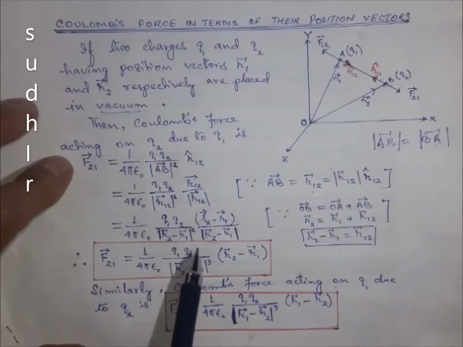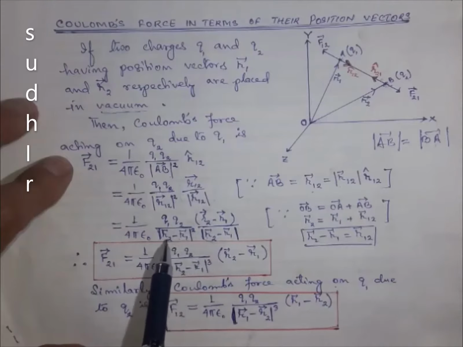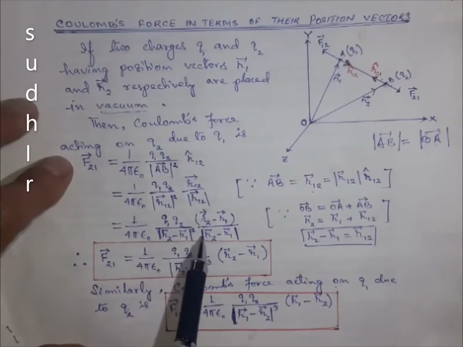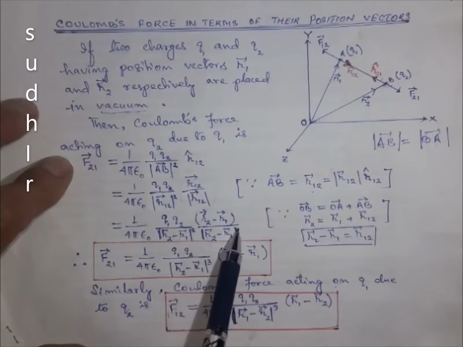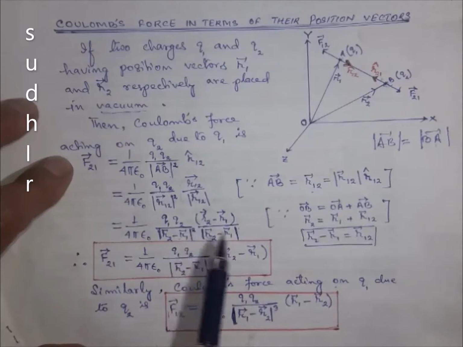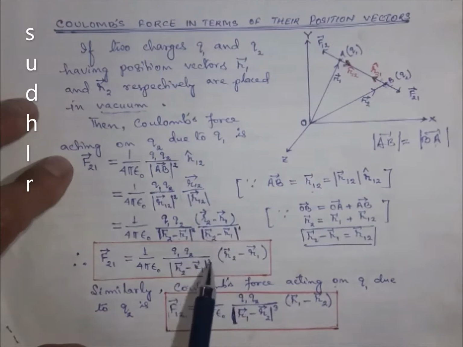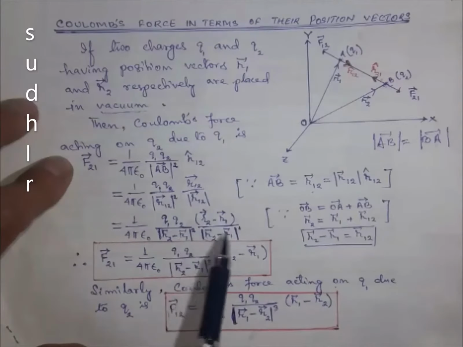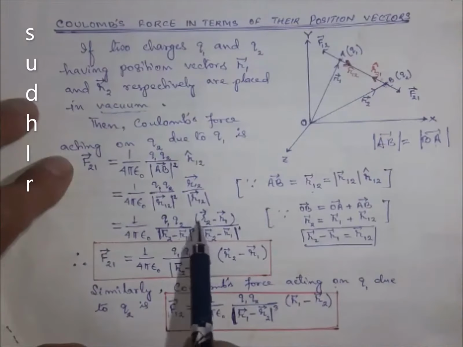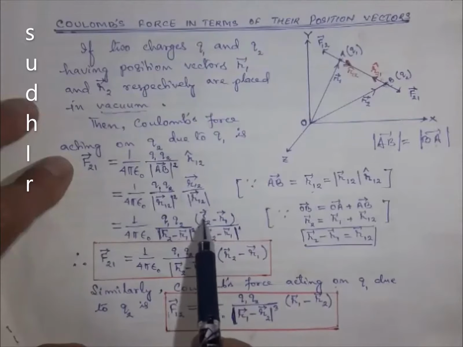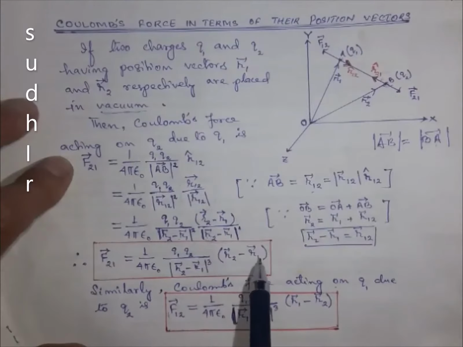You keep it like this. These and these are same. So the modulus of R2 vector minus R1 vector is the same. So this is 2, and you have another one here, so when you multiply it, it will be cube. So the numerator, R2 vector minus R1 vector, remains.